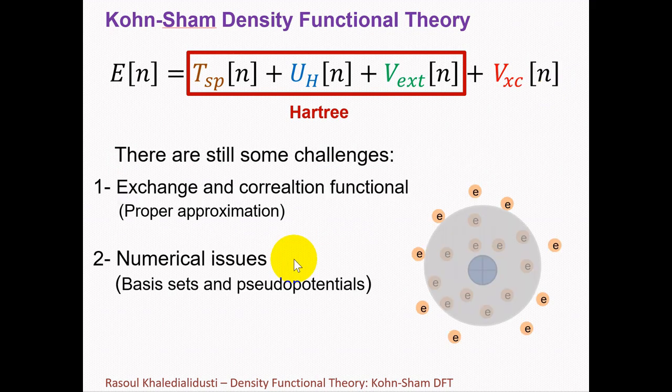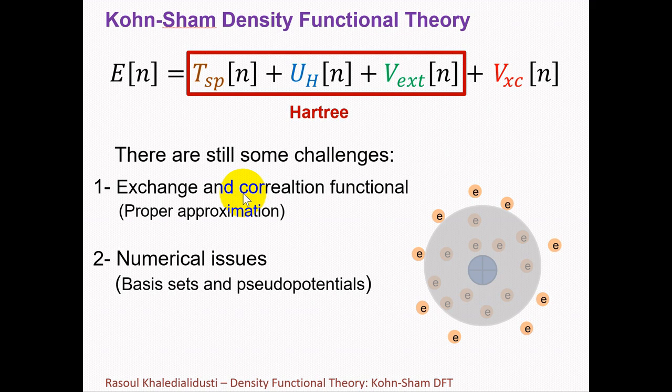So there are still some challenges that we will briefly discuss in the rest of this unit and more comprehensively in the next units. The first one is how we approximate this exchange and correlation function in a proper way that is closer to the exact solution.